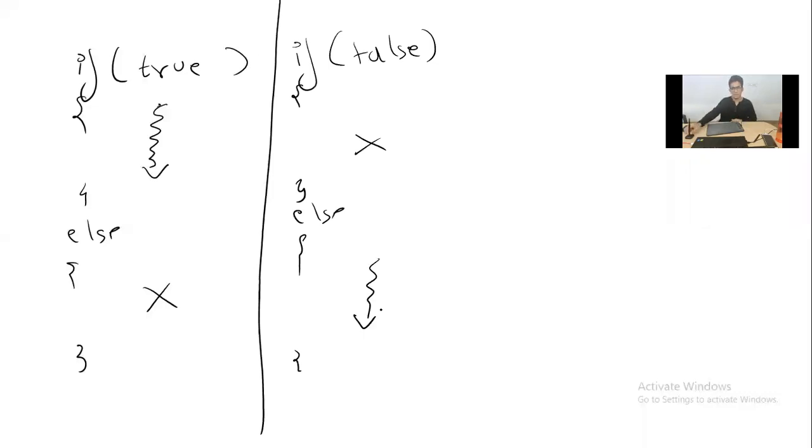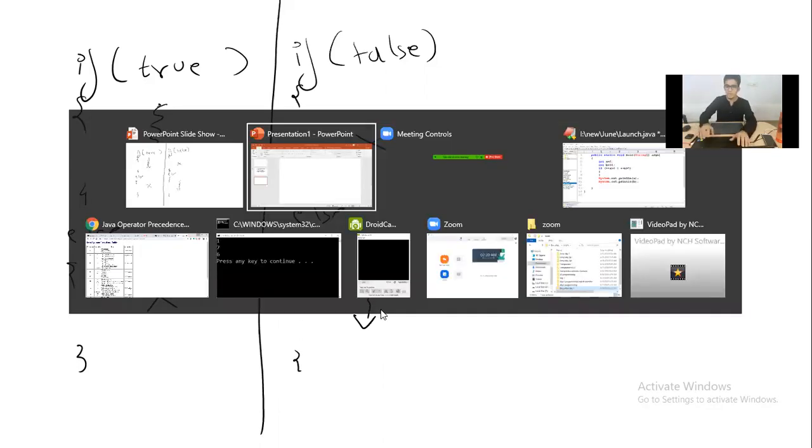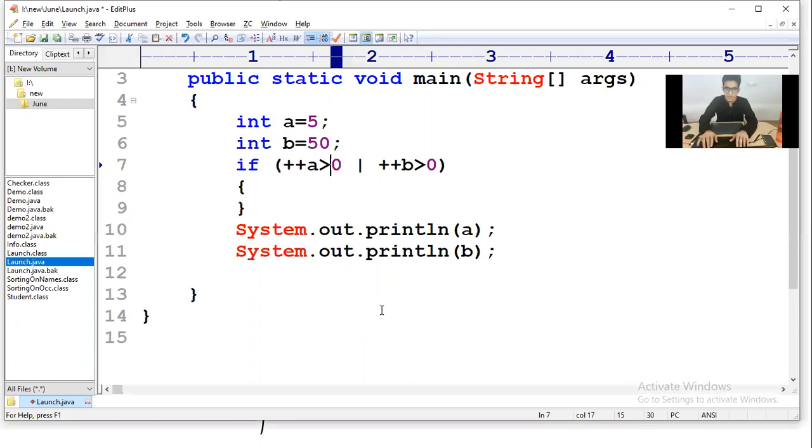Simple, right? It's very simple. So if the condition is true, the if body will be executed, the else body will not be executed. But whenever the condition is false, the if body will never get executed, but the else body gets executed. Okay, this is how it is. Now, I'll be going to the program here. Let me write here if and else.